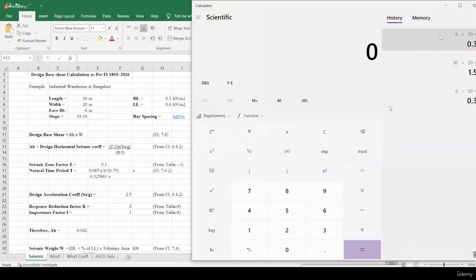Let me calculate from my side. For a 1 in 10 slope, shift tan inverse of 1 by 10. What will you get? 5.71 degrees.